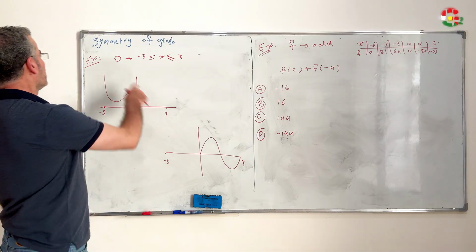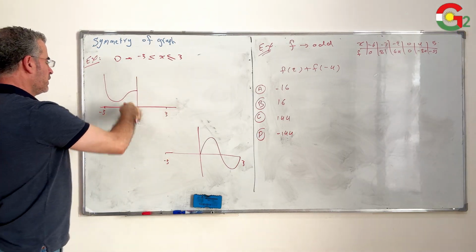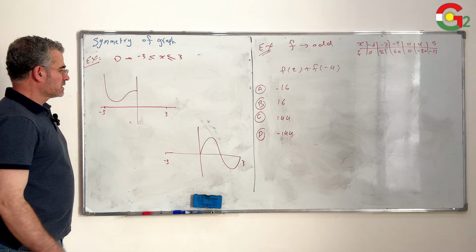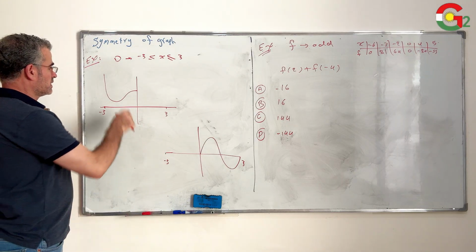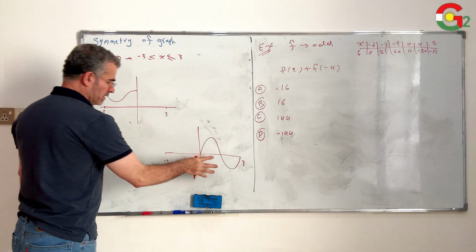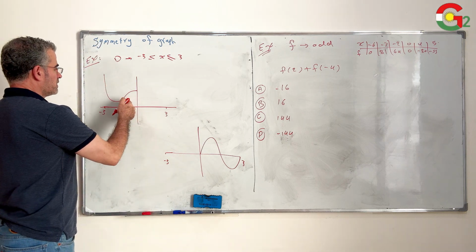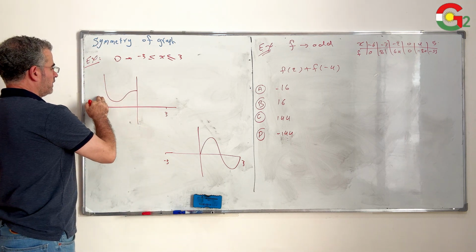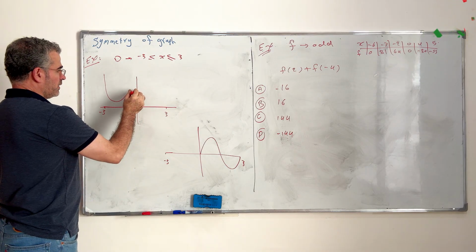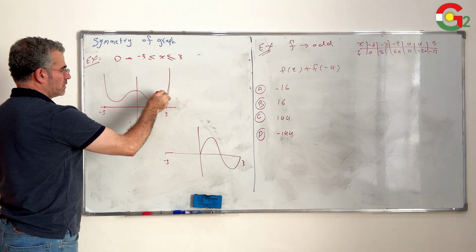Another example: if the domain of the two functions is -3 to 3, complete drawing these two functions in both cases, if this function is even and this function is odd. To complete this function, the left half should match the right half when we flip it. Then I draw like this.